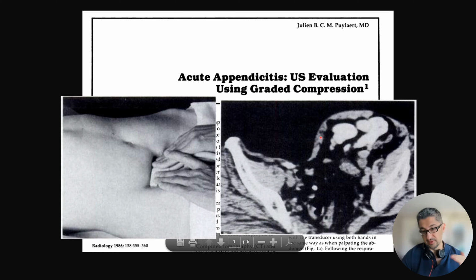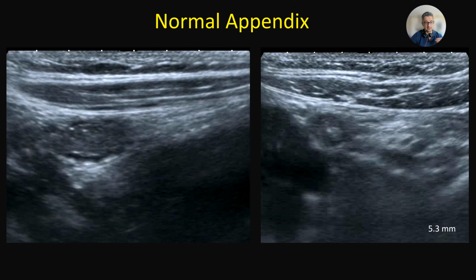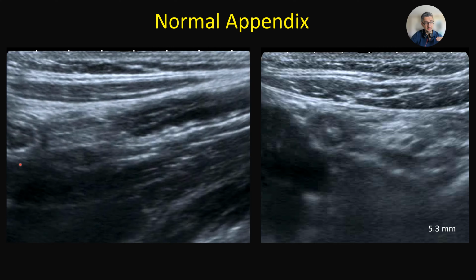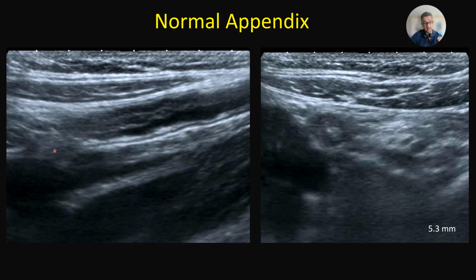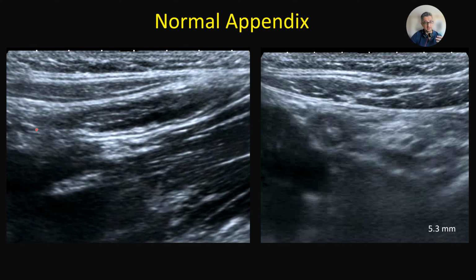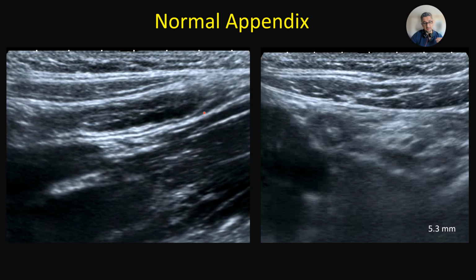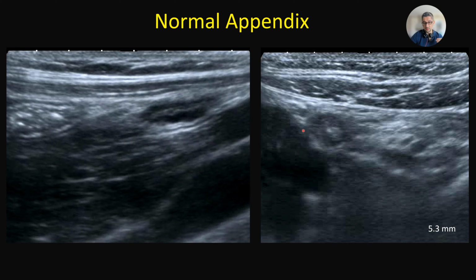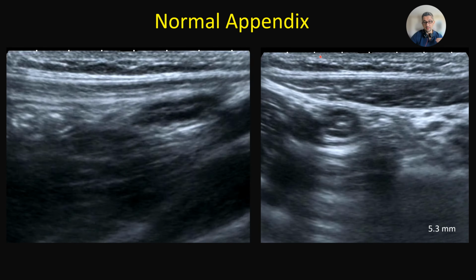And this is different than the compression of the appendix. This is based on the technique. A normal appendix can be seen in the right lower quadrant as a hypoechoic tubular structure arising from the posterolateral aspect of the cecum, approximately 2 cm below the ileocecal junction, most commonly anterior to the psoas muscle and the iliac vessels on the longitudinal view, and also here on the transverse view.